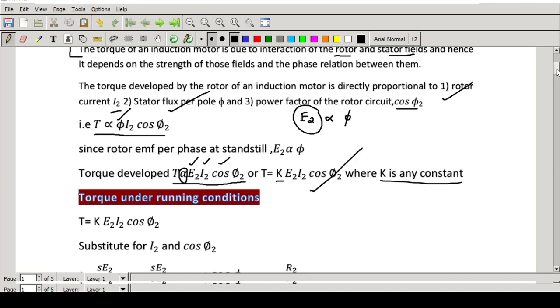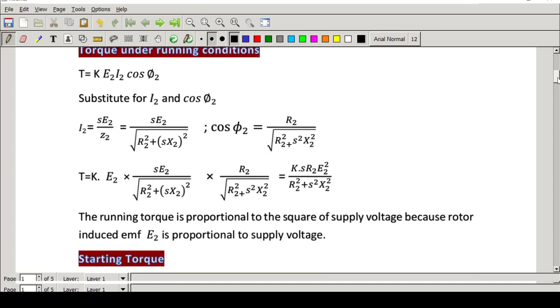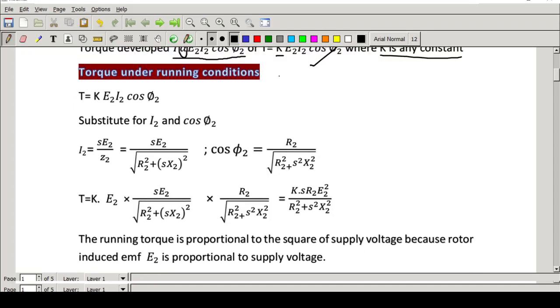Now, next we will derive the expression for the torque under running condition, that means when the motor is operating under loaded condition, or when the rotor starts rotating. What will be the torque at that time? Again, torque is equal to K into E2 I2 cos phi 2.